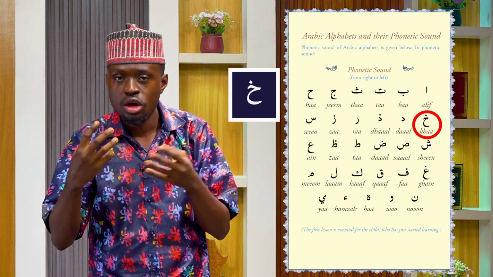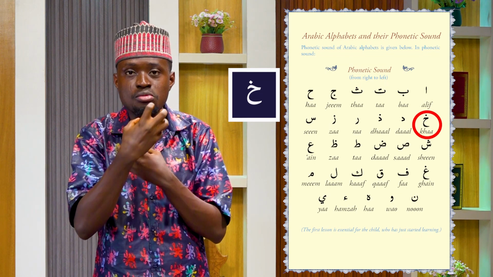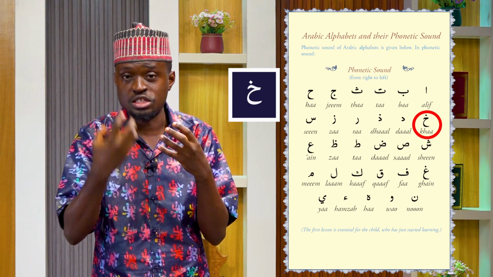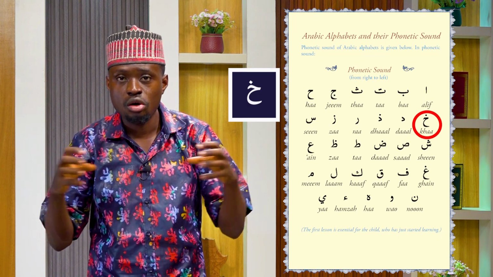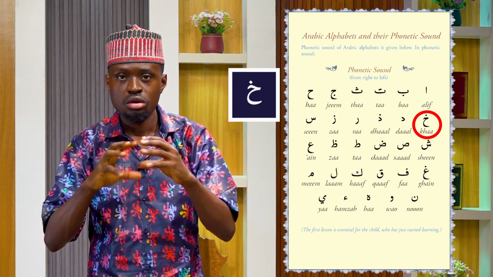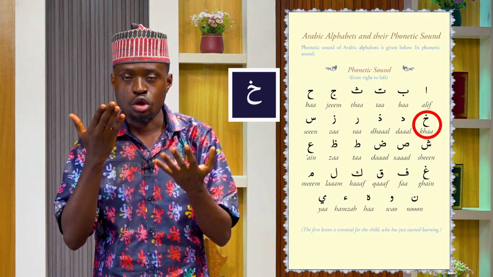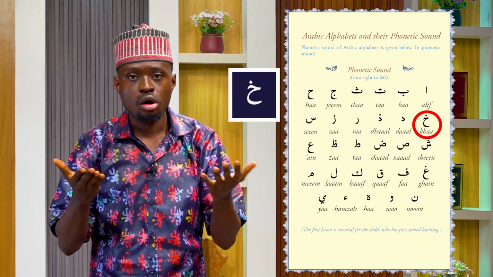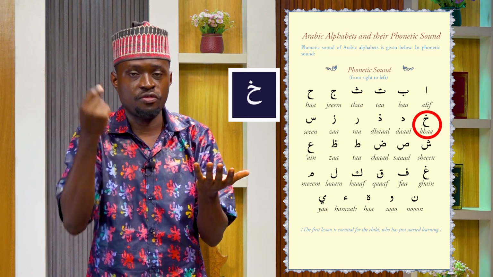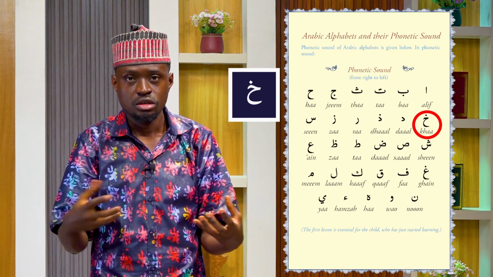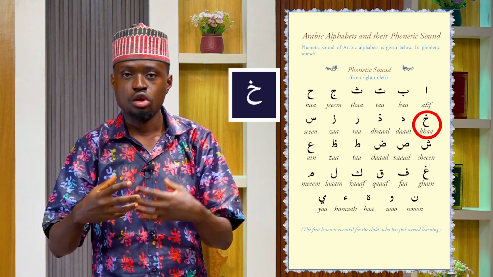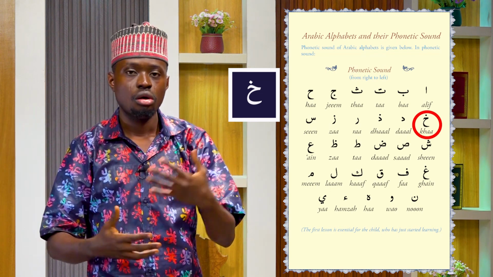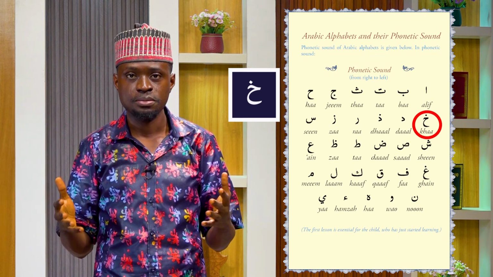It is kho. It is as if you are trying to bring out some mucus from your mouth, but in actual fact, nothing is coming out. Just kho, kho, kho. Compare that with ko, ko, ko. That is kof carrying fatha. They are different; they sound differently.